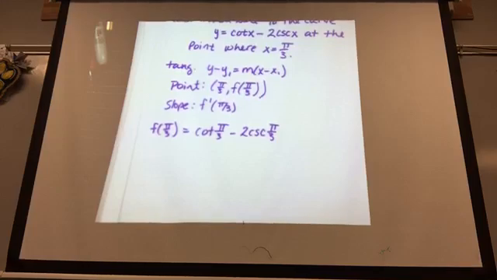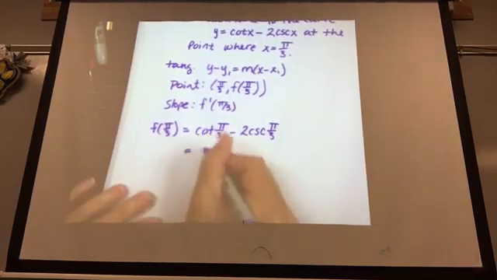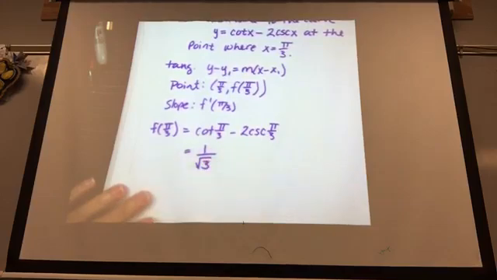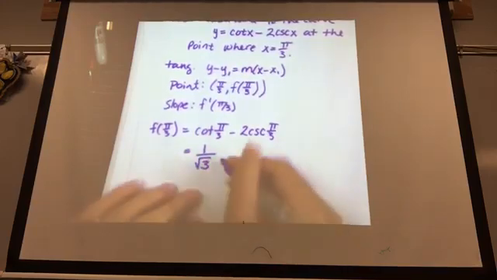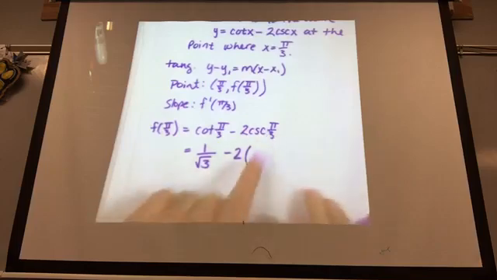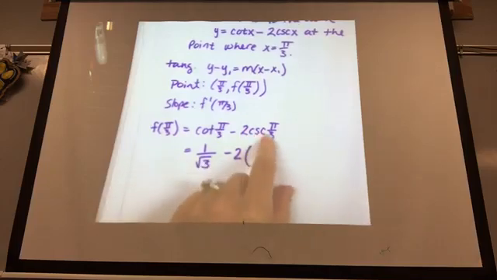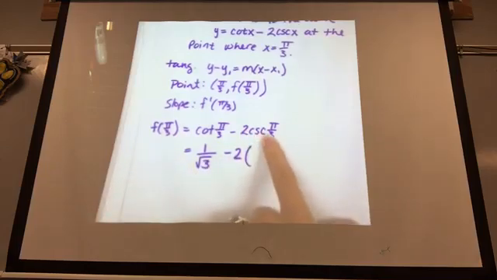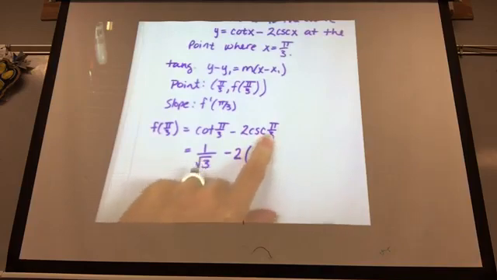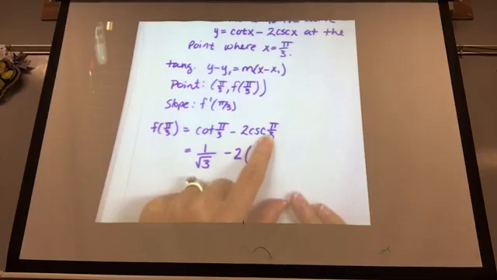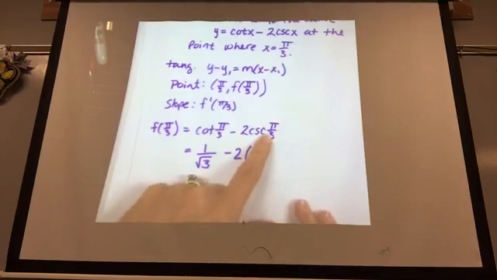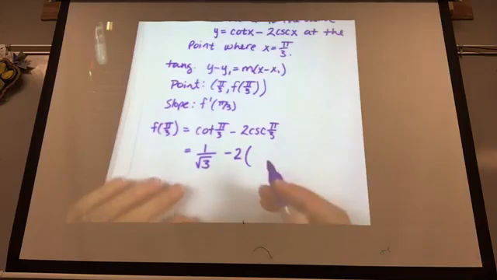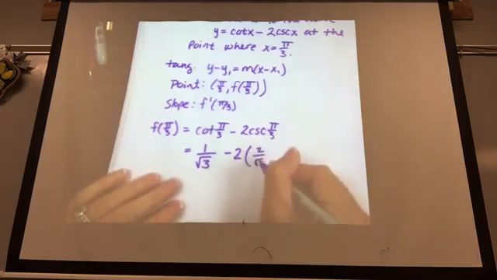Square root of 3. So I know cotangent of pi over 3 is 1 over the square root of 3. Minus 2 times, okay, so cosecant, the reciprocal of it is sine. What is sine of pi over 3? Square root of 3 over 2. So cosecant of pi over 3 is 2 over the square root of 3.